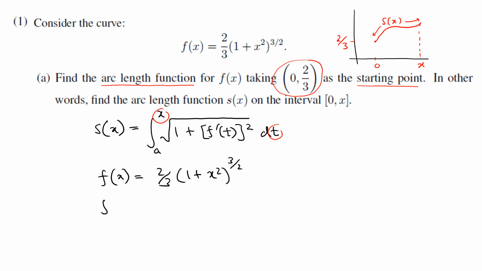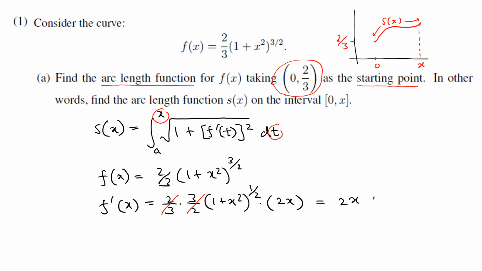If you take the derivative, by the chain rule you get f prime of x equals 2/3 times 3/2 times (1 plus x squared) to the 1/2 times the derivative of the inside function, in this case 2x. There are some simplifications; these two cancel out. So you get 2x times the square root of 1 plus x squared. So that's what we have.